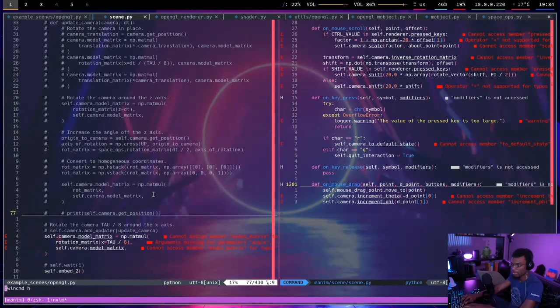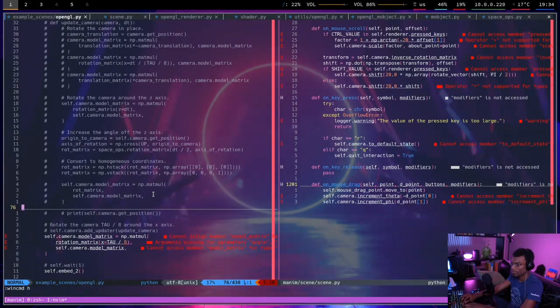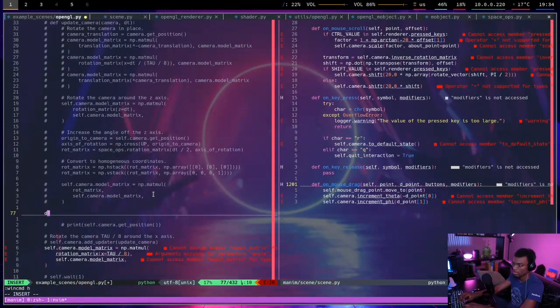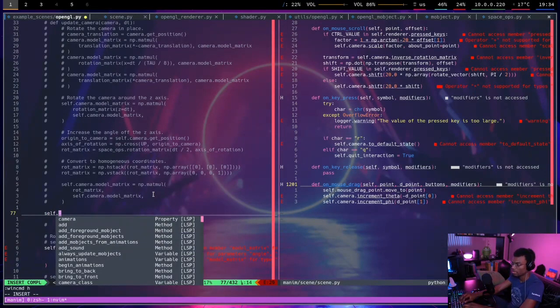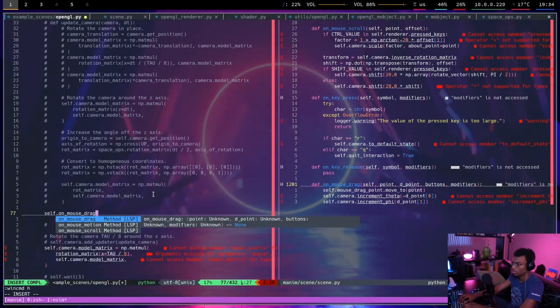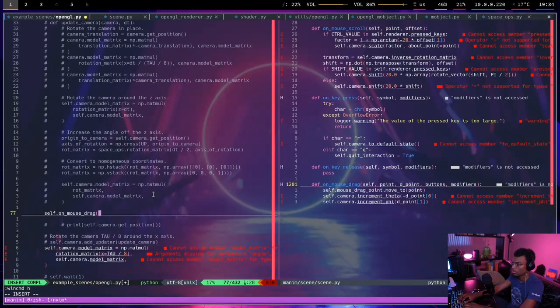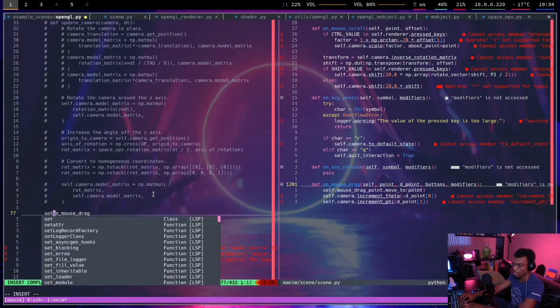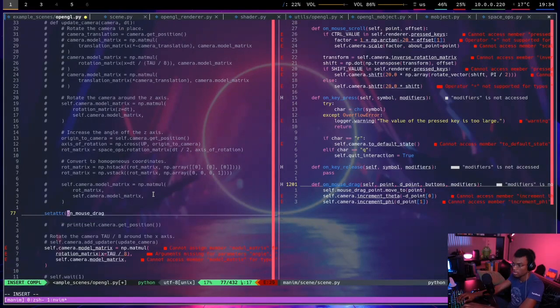Maybe what I can do is just say self.onMouseDrag. Let me see if I can do something janky here. Set the matcher self on mouse drag.